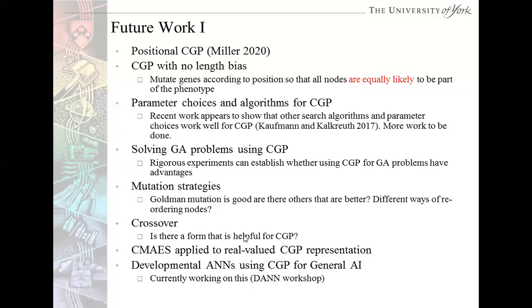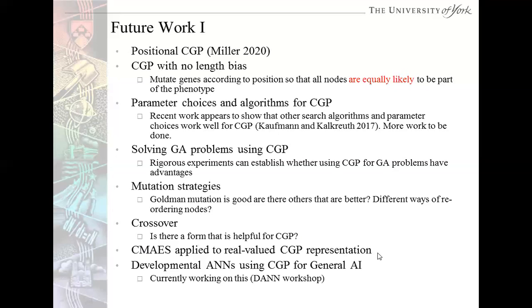Crossover: well, we concluded that no general form of crossover has been developed that works well for CGP across many problems, so that's definitely an open research area. Once you've got a real-valued CGP representation, you can apply other highly developed evolutionary methods to it. For instance, you could use CMA-ES.